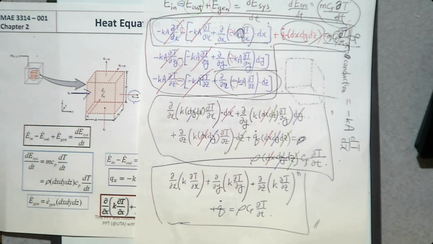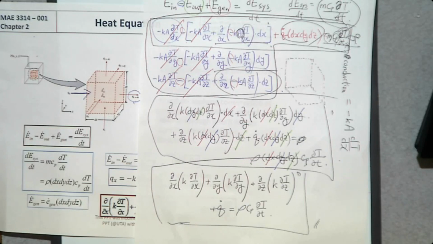What you need to know is we got this heat equation by applying the conservation of energy principle on this small control volume using Fourier's law, assuming that there is only conduction heat transfer. Rho is the density, so we have a mass on the right-hand side. We calculate the mass by density rho times volume, because volume is dx, dy, dz.